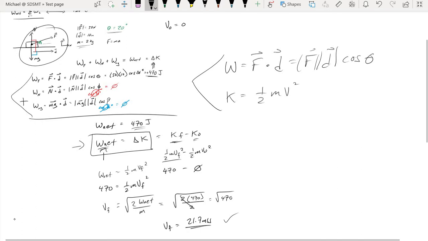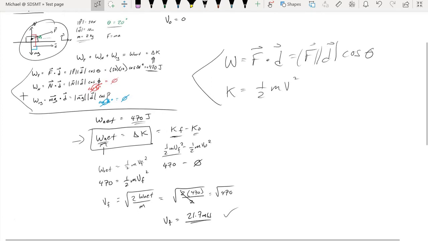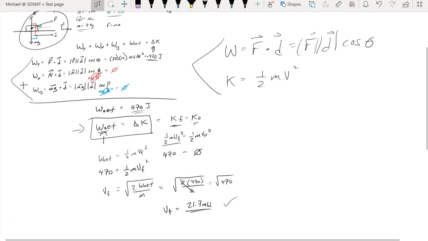So this is a very simple, condensed method of figuring out what's happening in these systems. Number one, without having to hunt down the different kinematic equations that we need, but also because everything here is now in a scalar form.